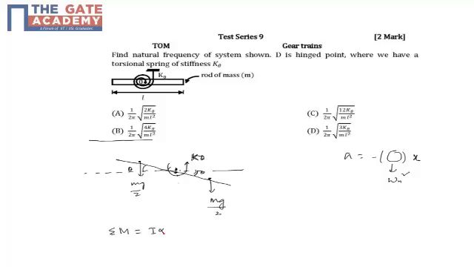So sigma M equals I alpha about the point O. In a linear sense I would apply sigma F equals ma, as I do for springs, but this is the angular sense. So, summation of moment about O. mg by 2 is this force, and we are calculating its moment.